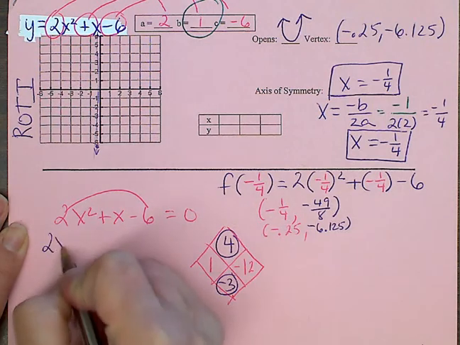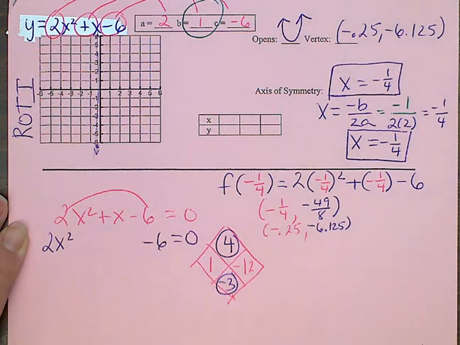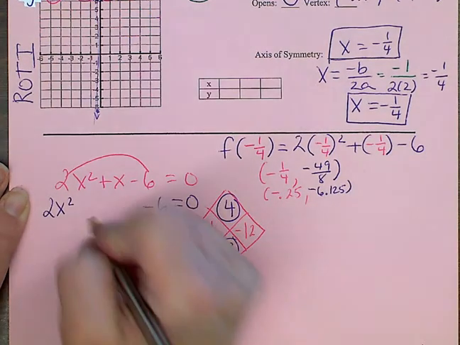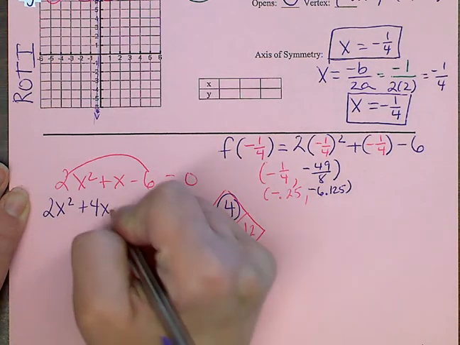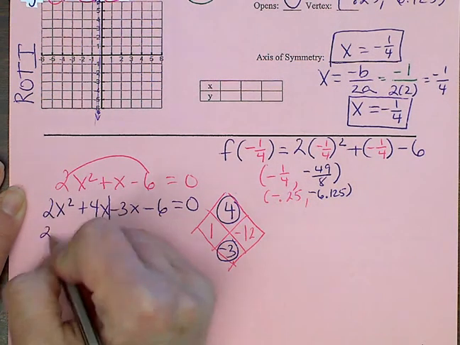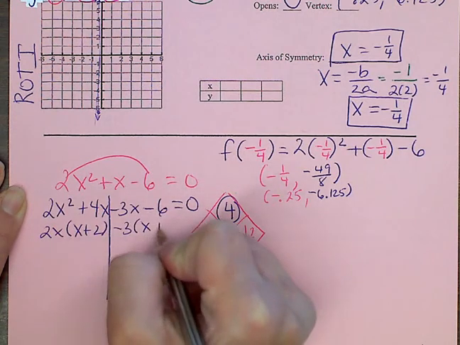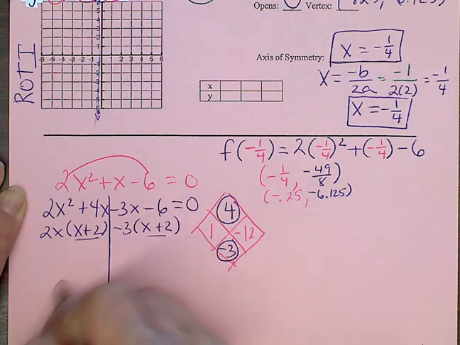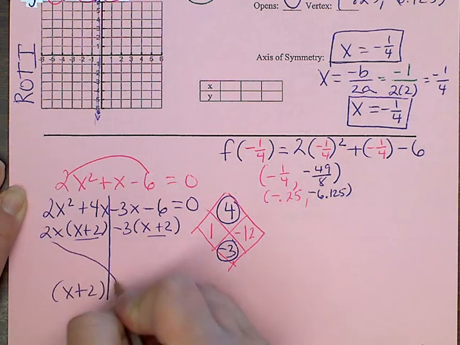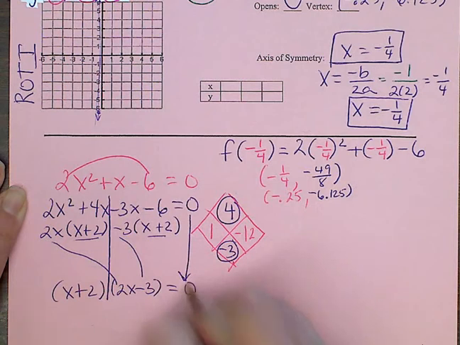So I'm going to leave the front, I'm going to leave the back, I'm definitely going to leave the 0. And I'm going to use the 4 and the negative 3 with x's to use my middle terms. I'm going to do the GCF of both sides. GCF can be negative. When it matches, I'm in good shape. The leftovers form the other parentheses. And don't forget that equals 0.